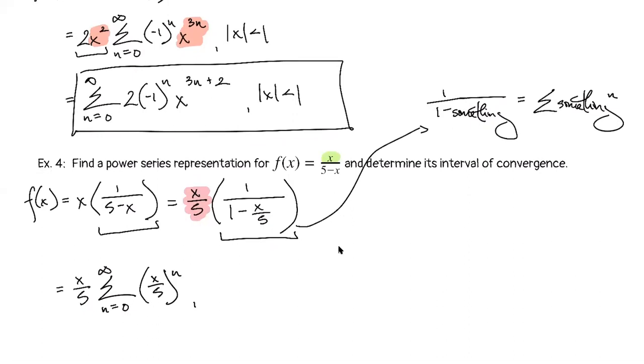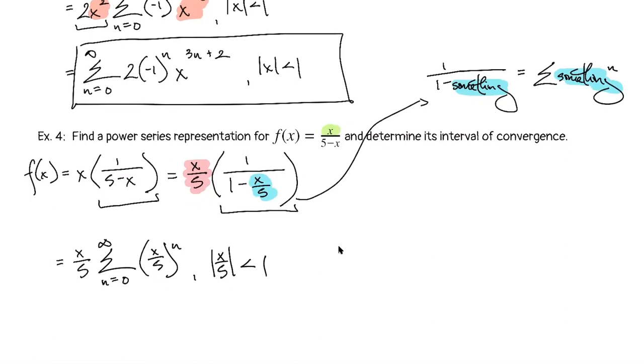So this time, what's inside my absolute value that I'm saying is less than 1? X over 5. Yeah, we're taking that x over 5. Exactly, because that was, what color did I use? That was the 1 minus something. That was our something. And so we have the absolute value of that something has to be less than 1.